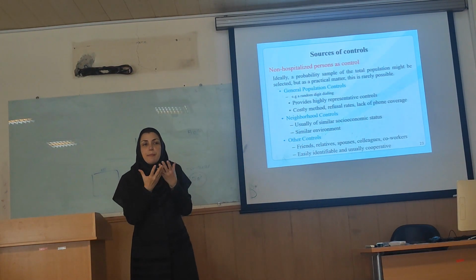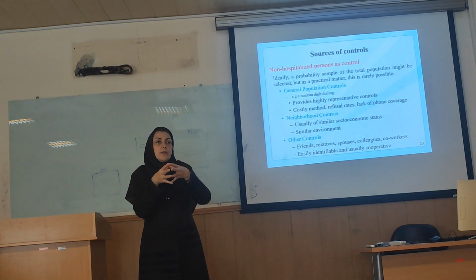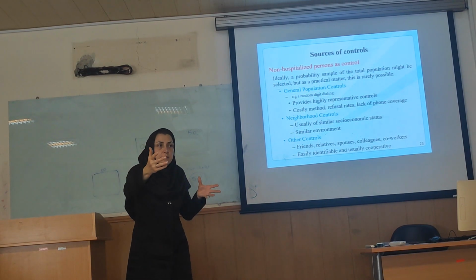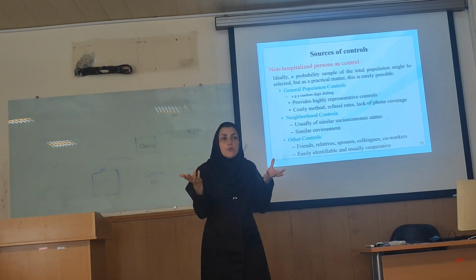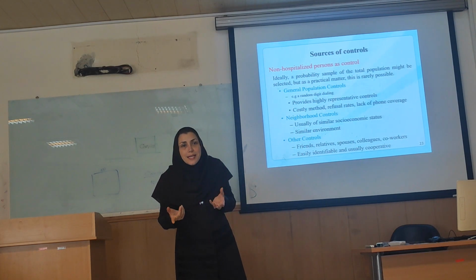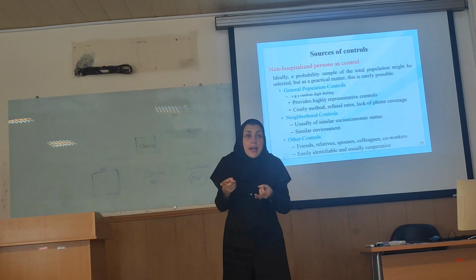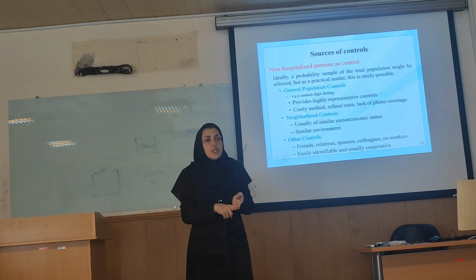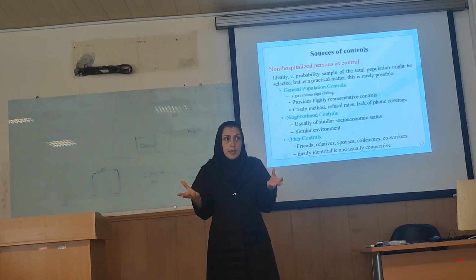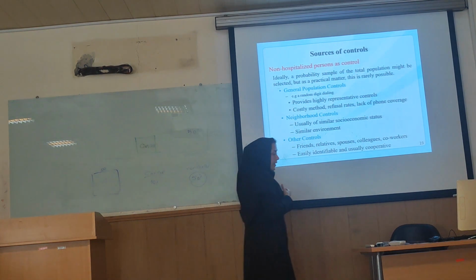For example, if a patient resides in Karager Street, you can go to Karager Street and ask some neighbors to be a control for us, okay? Or ask family members. Sometimes you can ask friends. Sometimes you can ask colleagues, okay? These types of controls are population-based, okay?